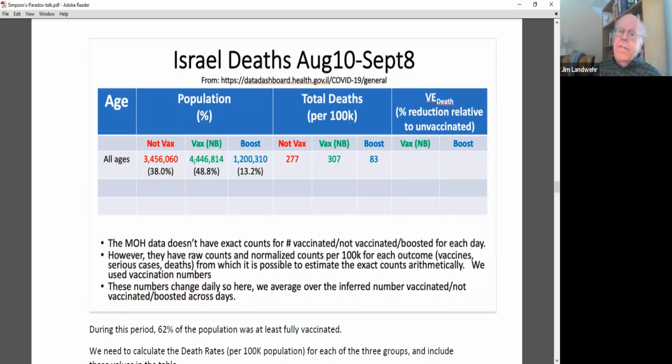The number that were vaccinated, VAX-NB meaning fully vaccinated but not boosted, was 4,446,000, and 1,200,000 were vaccinated and boosted. So roughly 62% of the population was at least fully vaccinated, 40% vaccinated not boosted, and 13% boosted.